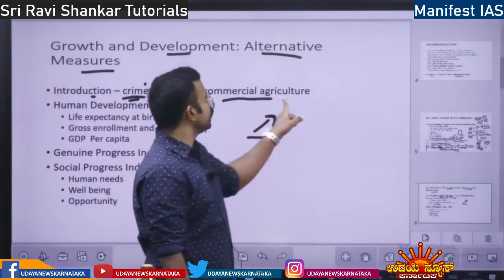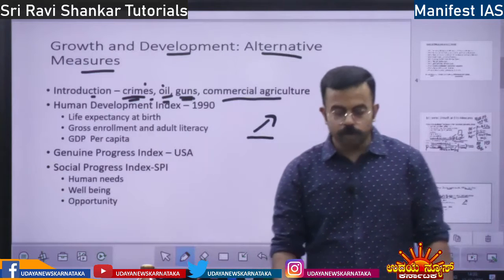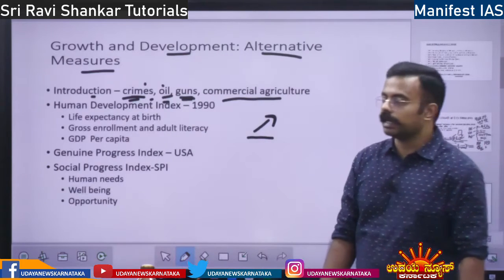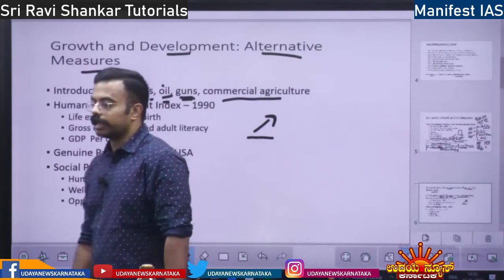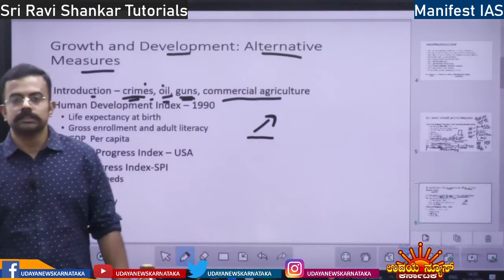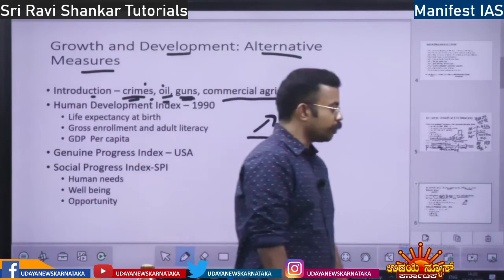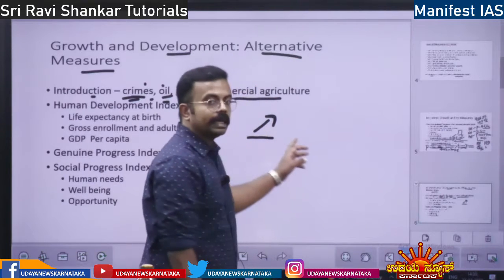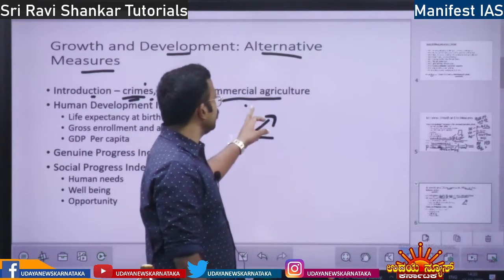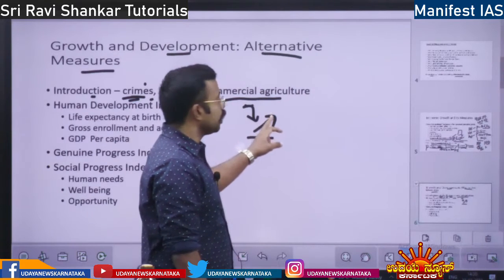Even for that matter, commercial agriculture. If you produce more and more commercial goods, what is commercial agriculture? Silk, sugarcane, cotton, all those things. If you manufacture more of those products, GDP will increase. But on the other hand, it will impact the ground.